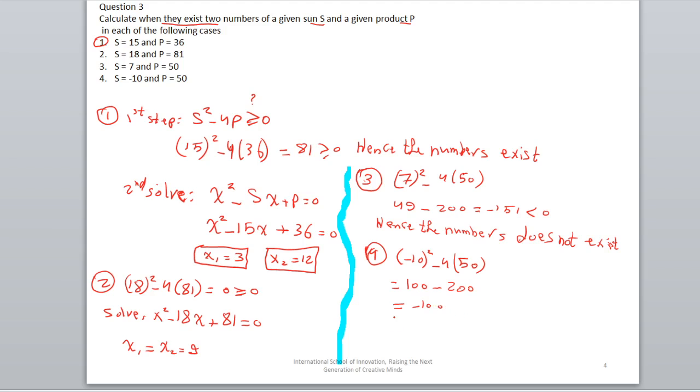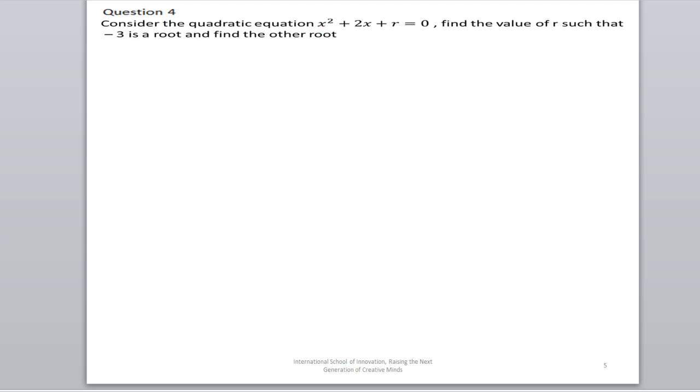Again the numbers do not exist. You can't find any two numbers in the world whose sum is -10 and whose product is 50.